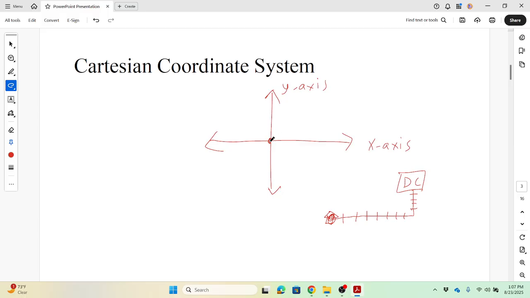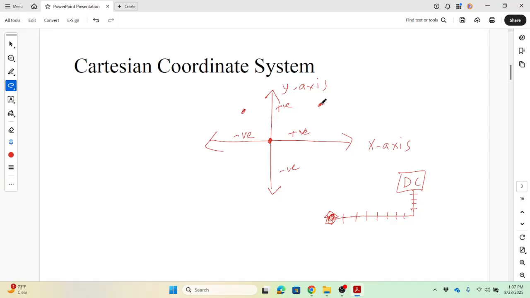So from the origin, if you go to the east, that's a positive x, and if you go to the west, that is a negative x. From the origin, if you go up, that's a positive y, and if you go down, that's a negative y. So for any location or any point, we can get there by using these two axes, the x-axis and the y-axis.